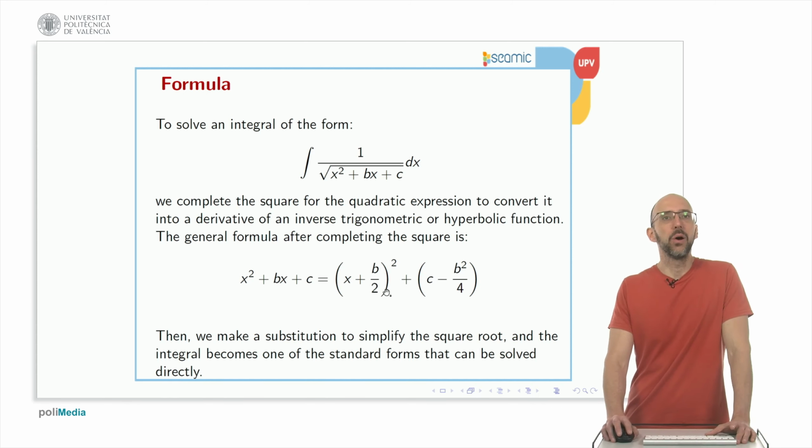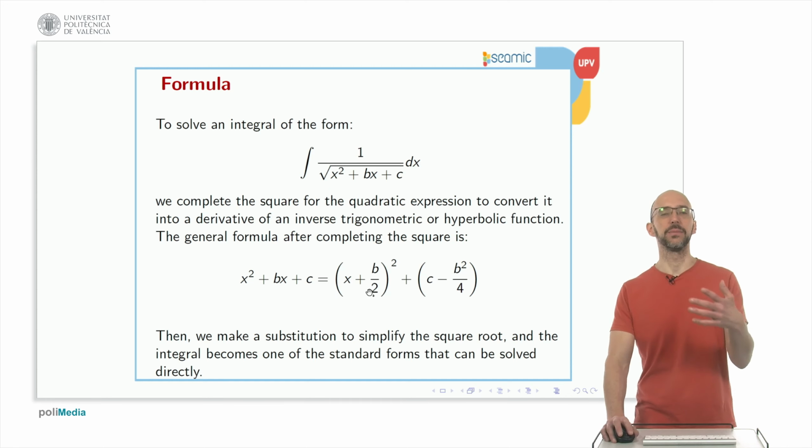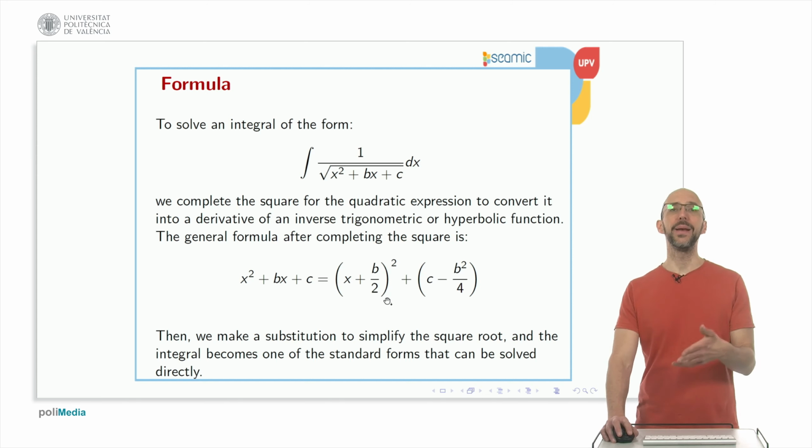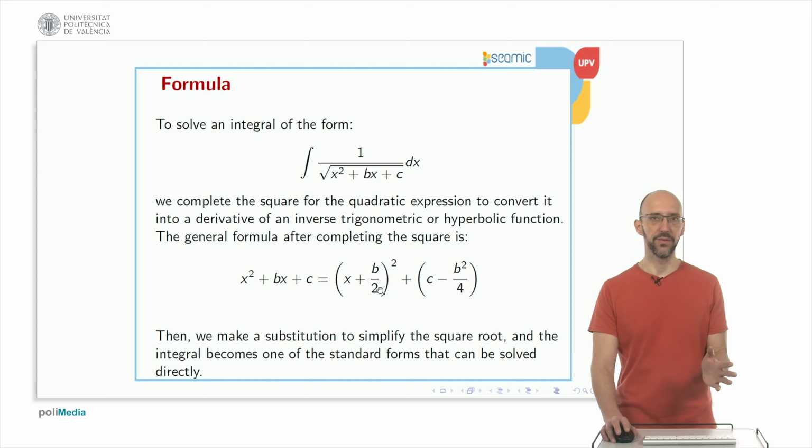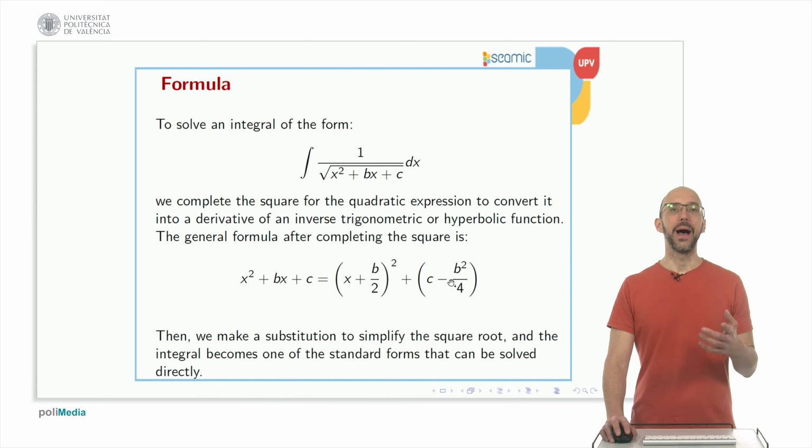Also, when you write b divided by 2 here, the square of this expression is x squared plus 2 times x times b divided by 2 plus the square of the second term. Be careful, then this number is not here.